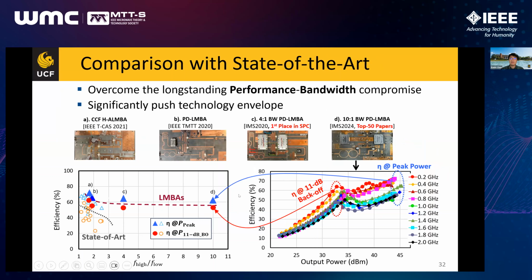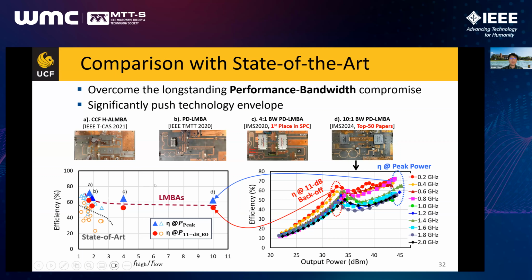The peak power is marked as this triangle in this figure, and the average efficiency across the band at 10 dB backoff is marked as the circle. As you can see, high efficiency can be achieved for both the peak and the lower backoff, and maintained almost when the bandwidth is extended to an unlimited range for this LMBA.